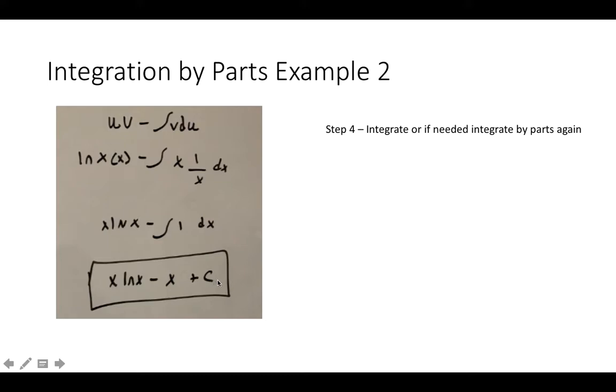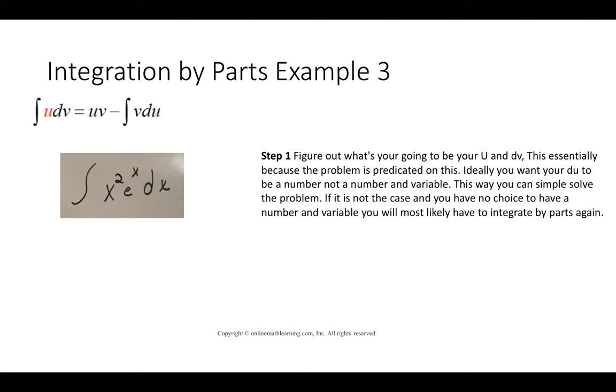Now for the final problem, we are going to have to integrate by parts twice. We have x squared over e to the x. How do I know which is my u and which is my dv? If I make e to the x my u, then my du is going to be e to the x again, and that's not really going to make me get rid of it.